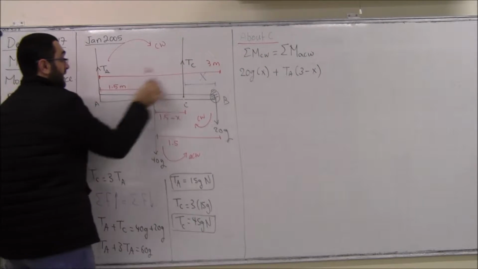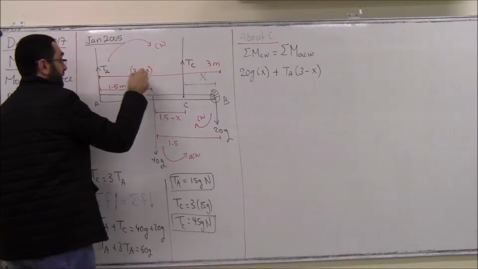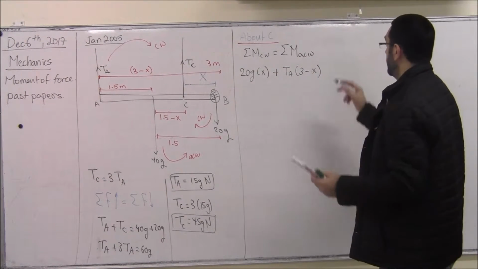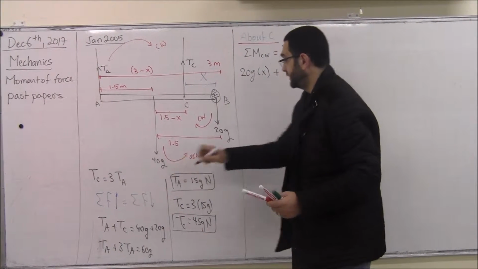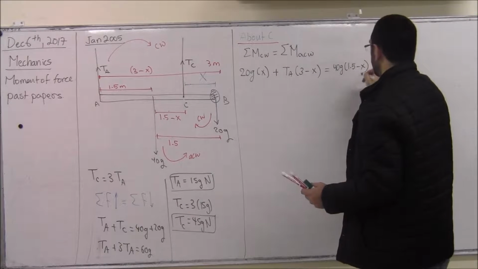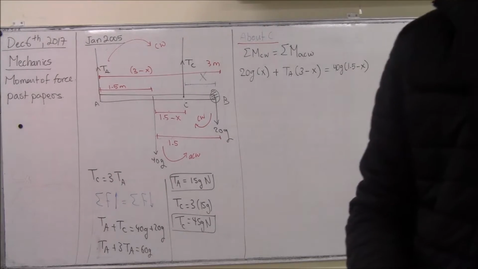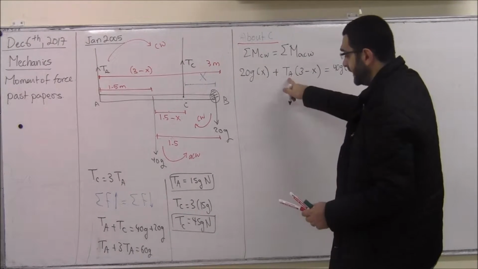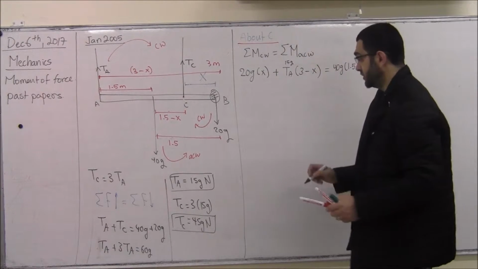So it will be 3 minus x. Clear? Equals 40g times 1.5 minus x. Now I have only x. Now the calculation: TA is 15g, and instead of TA, I have to substitute 15g.